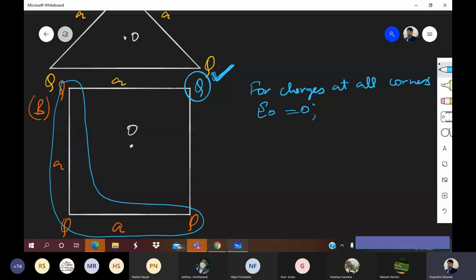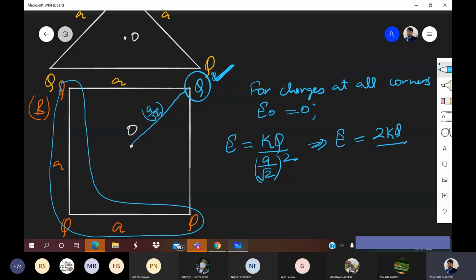That will be E is equal to K into charge Q upon this distance, which is A by root 2, squared. That comes out to be 2kQ upon A square. So that will be the electric field due to these three charges.